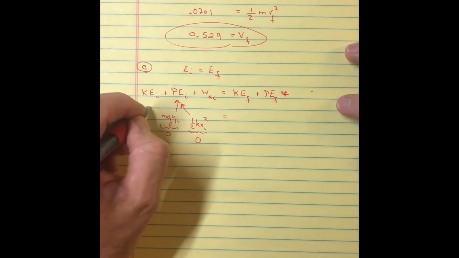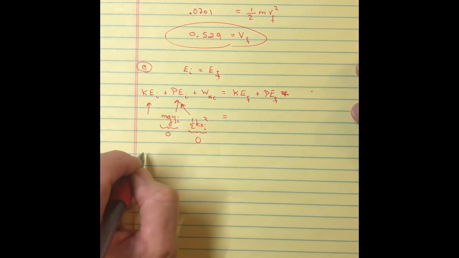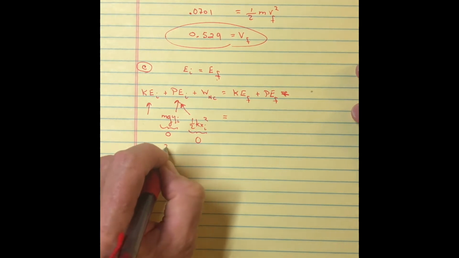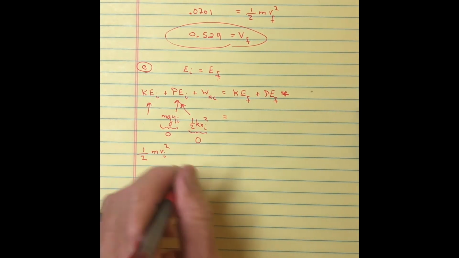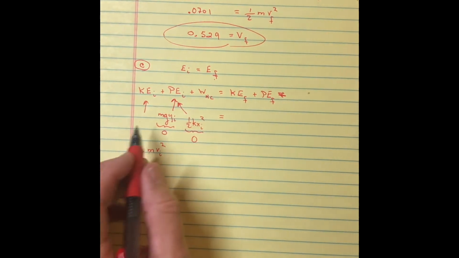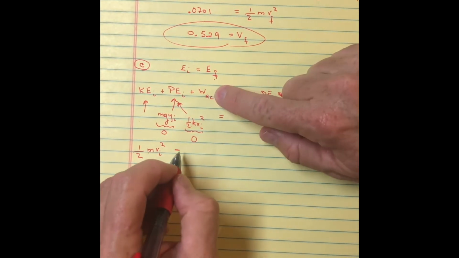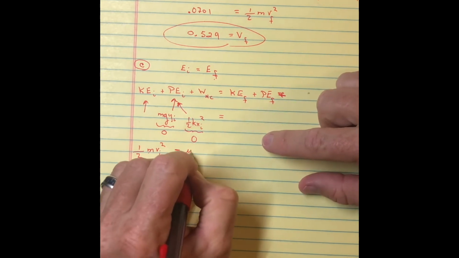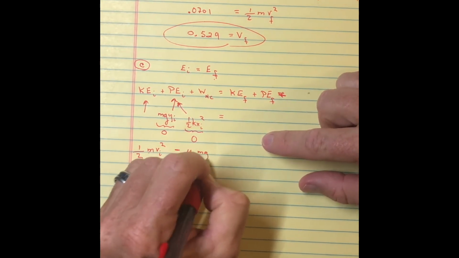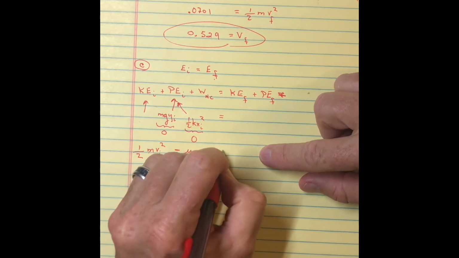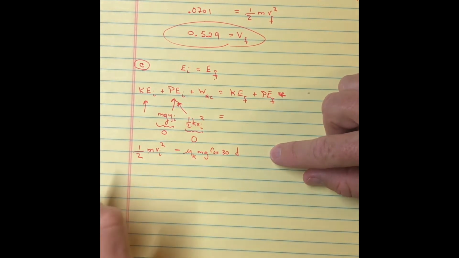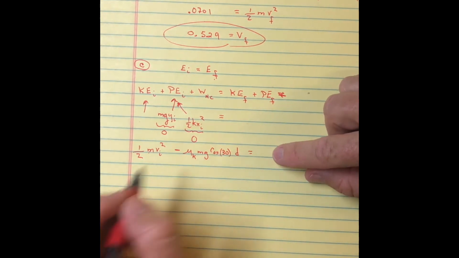Now, of course, it's moving. So this would have a 1/2 times m v initial squared, and I'll put those numbers in a second. But I would also have this non-conservative force, mu mg cosine of 30 times d, for the work done.